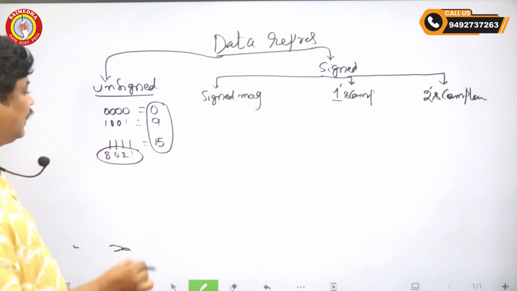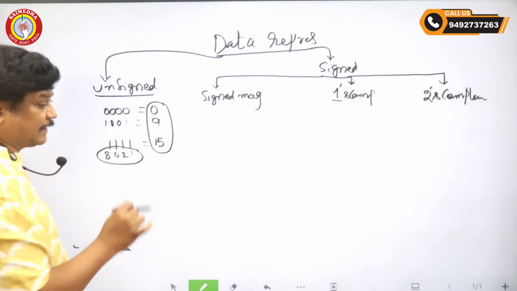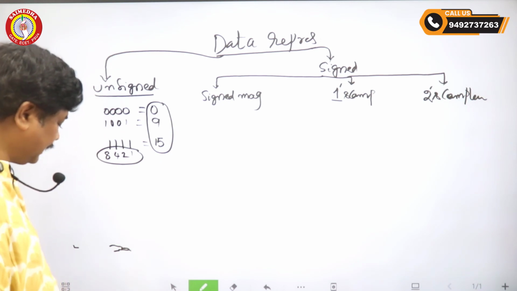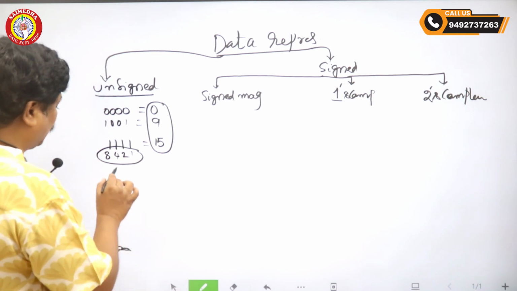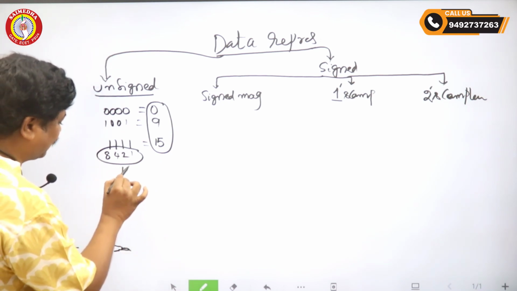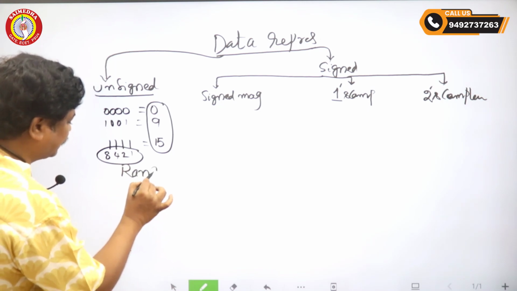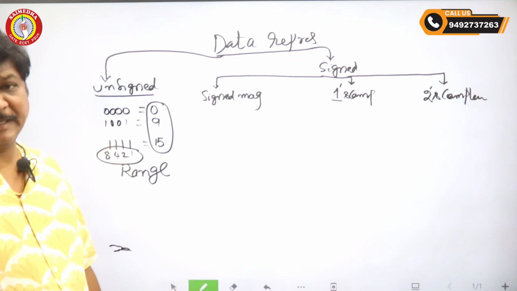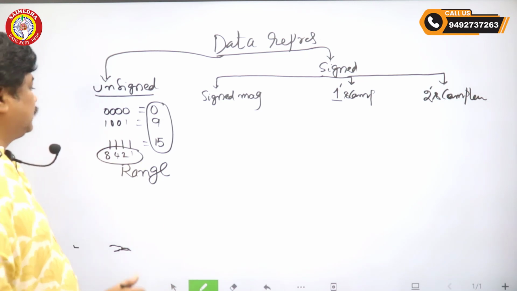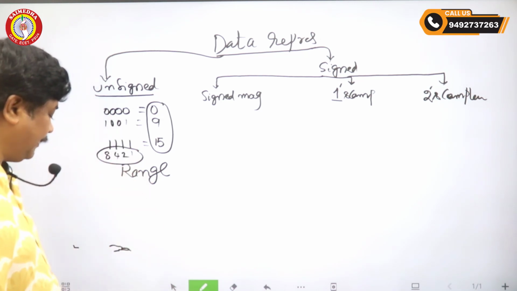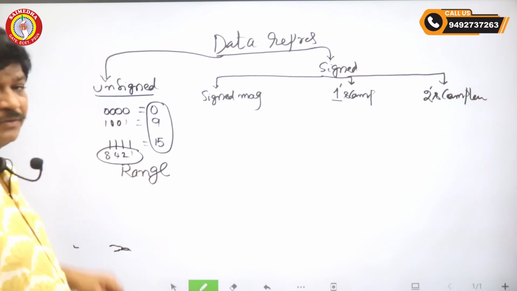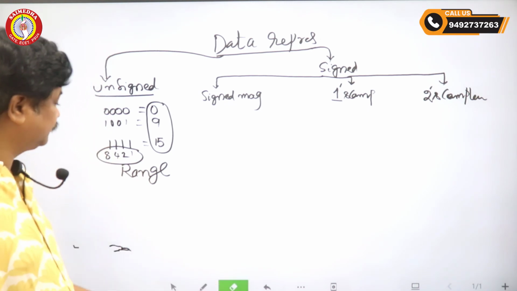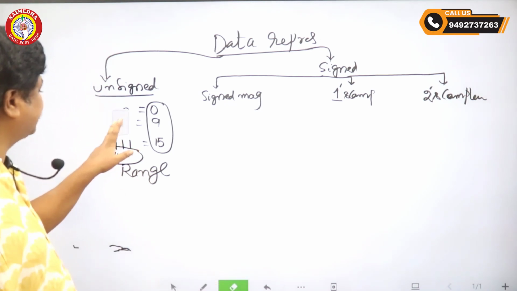Now, what is the range here? How to define the range? What is meant by range? What is the range available? This is very, very important here. In this example, how many bits are used? 4 bits are used.